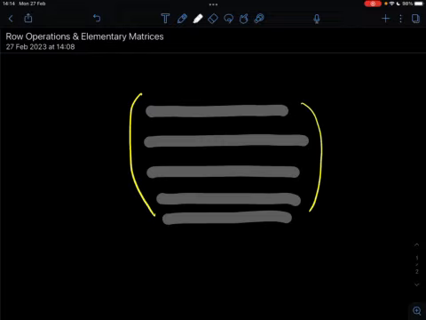So what we are looking forward to doing is introducing some operations which make use of the rows of a matrix as objects. So that's what this lesson is going to be about.